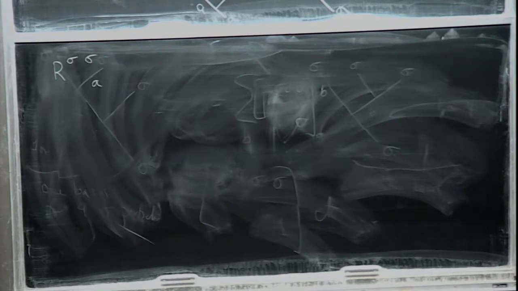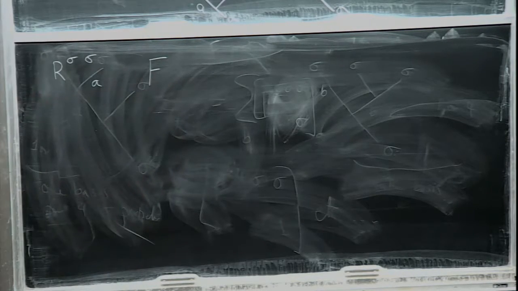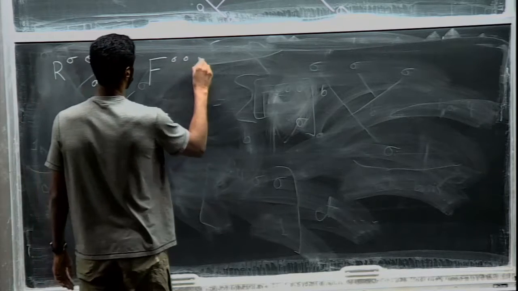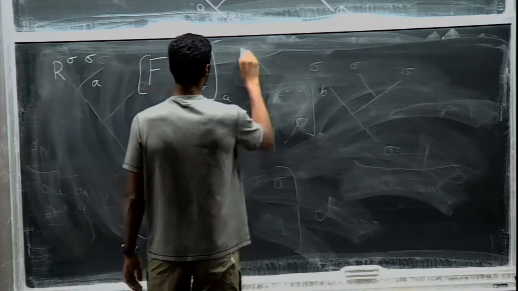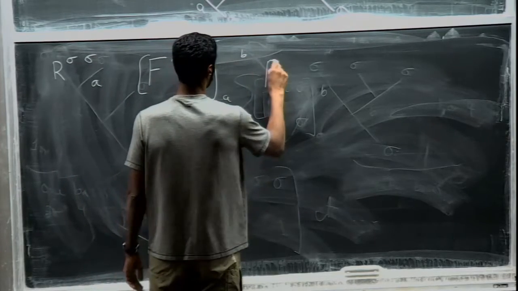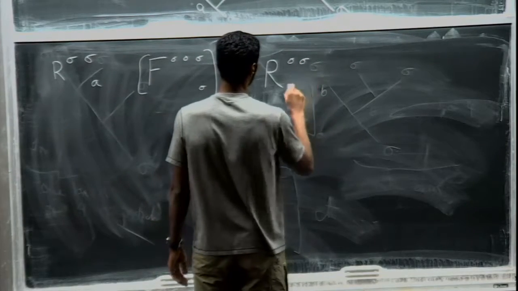Now, is that correct? Yeah, it's R sigma sigma A. Then we have an F move, which is F, and then we have an R again, which is R sigma sigma B.